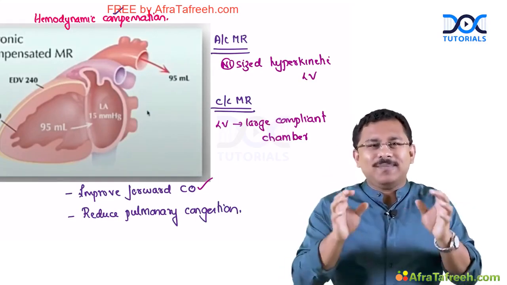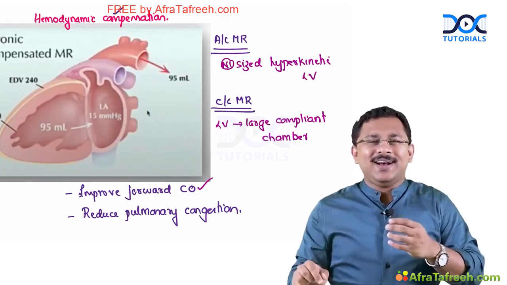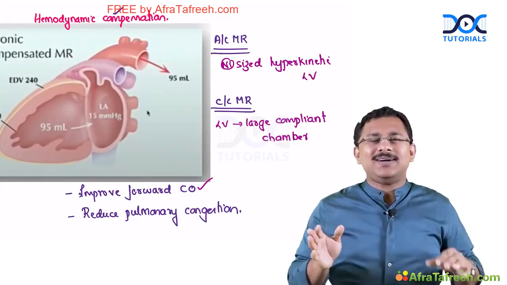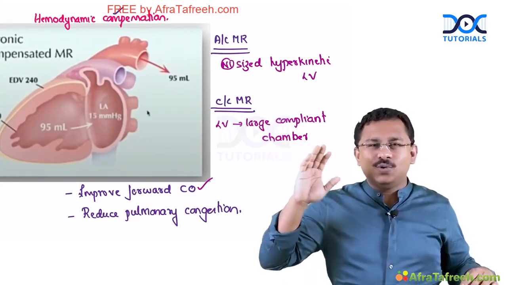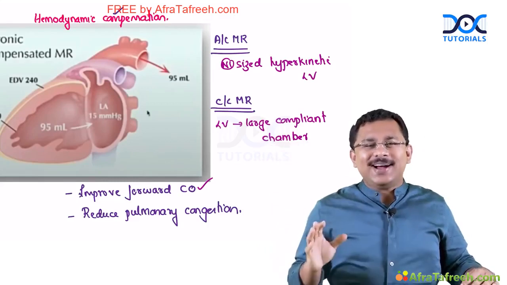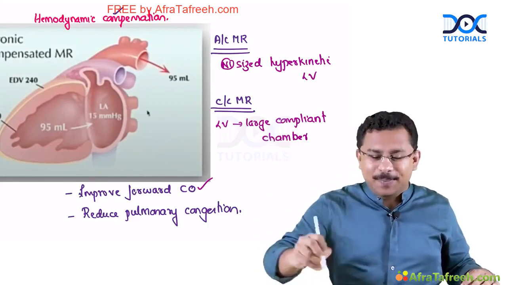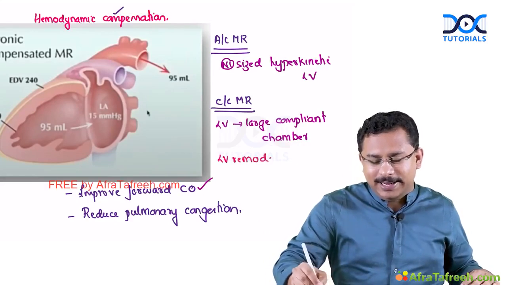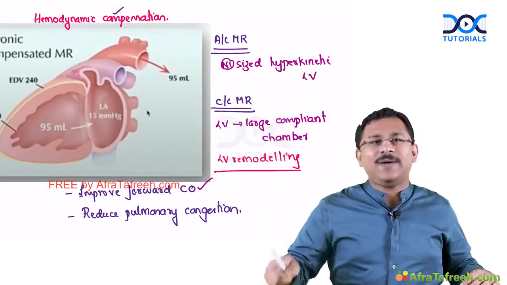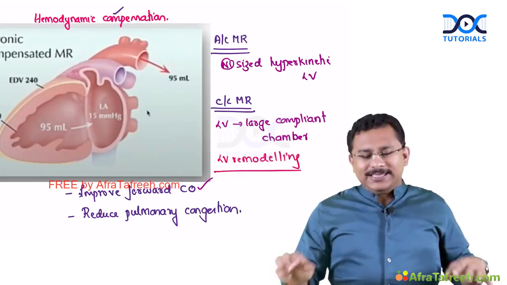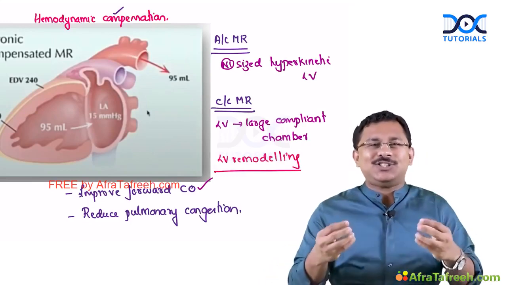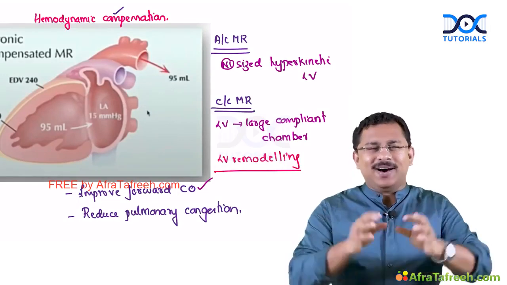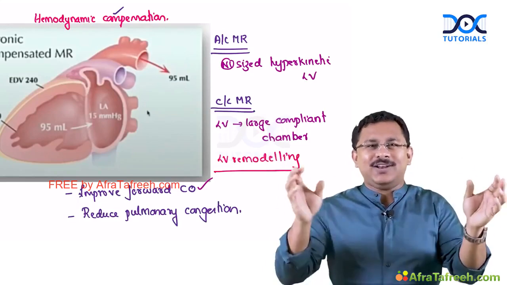Now, how does this remodeling happen? It is via some rearrangement that occurs in the myocardial fibers. There occurs addition of new sarcomeres. So via this, there is an LV remodeling that takes place. It's easy to assume that the response of the heart to the valvular lesion, that is MR, is pretty different in acute and chronic.